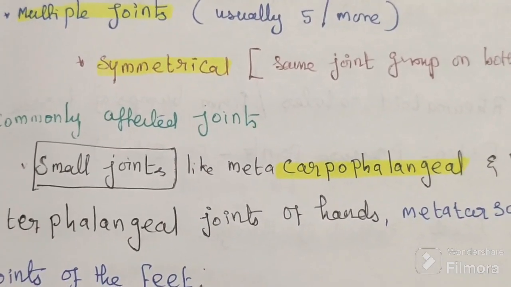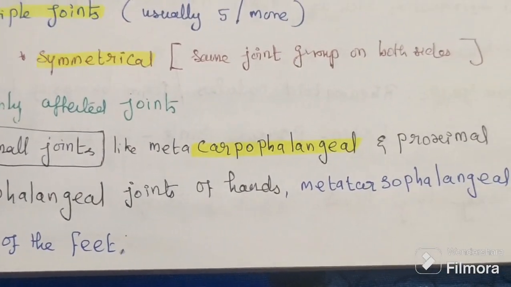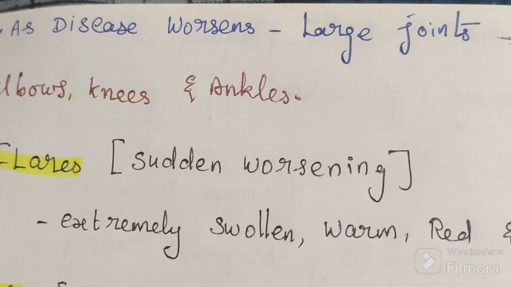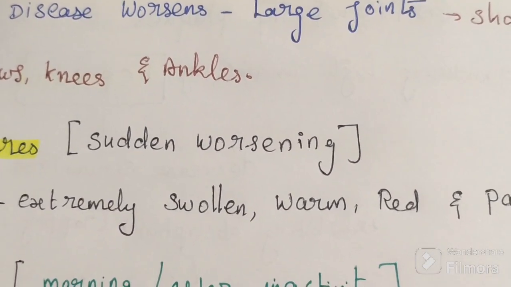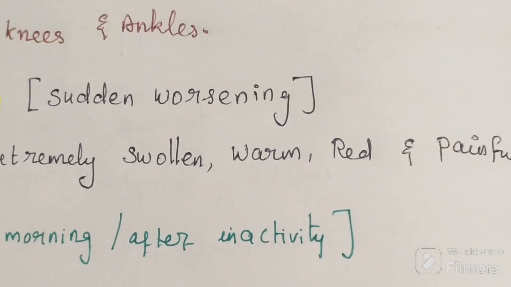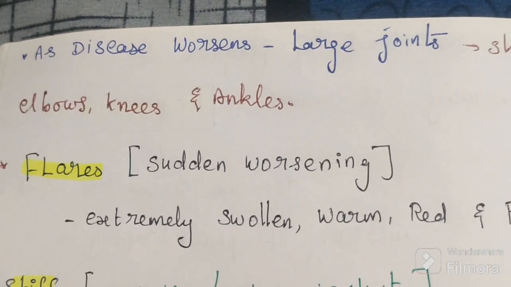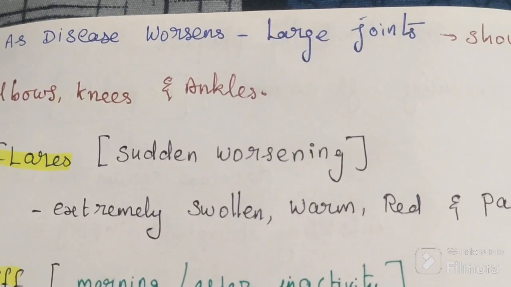As the disease worsens, it can start to affect large joints like the shoulders, elbows, knees, and ankles.